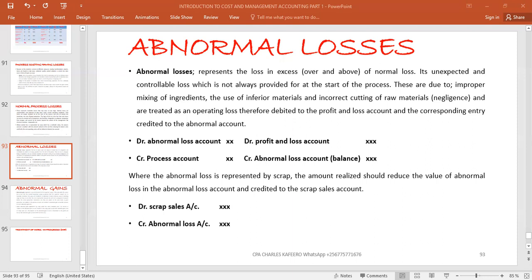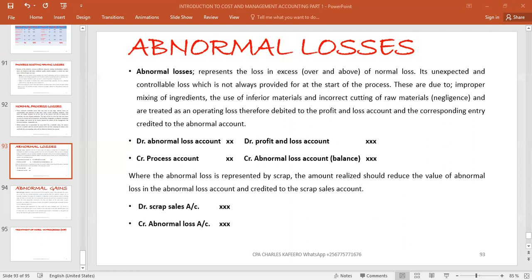So we assume that when we put the 10,000 units in the process, we expect to get 9,000 units of output. But if we put in the 10,000, instead of getting the 9,000, we get 8,000.